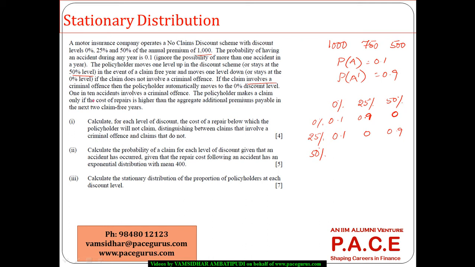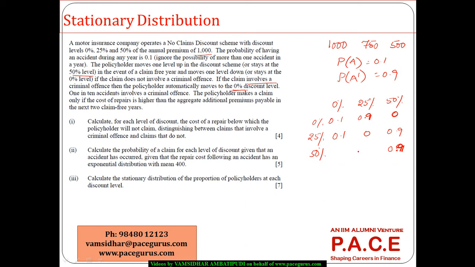If the claim involves a criminal offense, then the policyholder automatically moves to 0. So from 50, if he does not get into any kind of a claim, he will still be at 50.